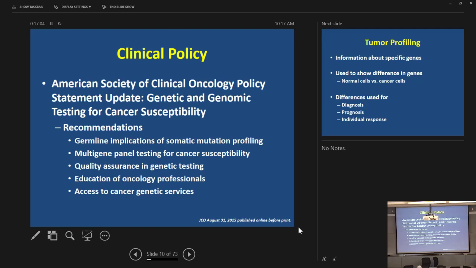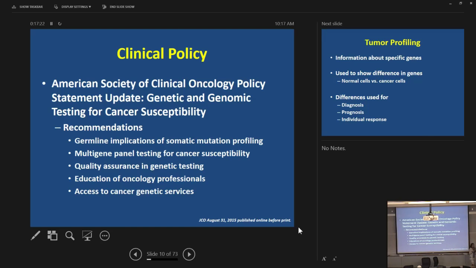You actually don't do as well, right? People who have EGFR mutations who get chemo actually have a worse outcome than those who don't have the EGFR mutation, right? All right, so making sure we have good quality assurance in that genetic testing. Educating oncology professionals, right?